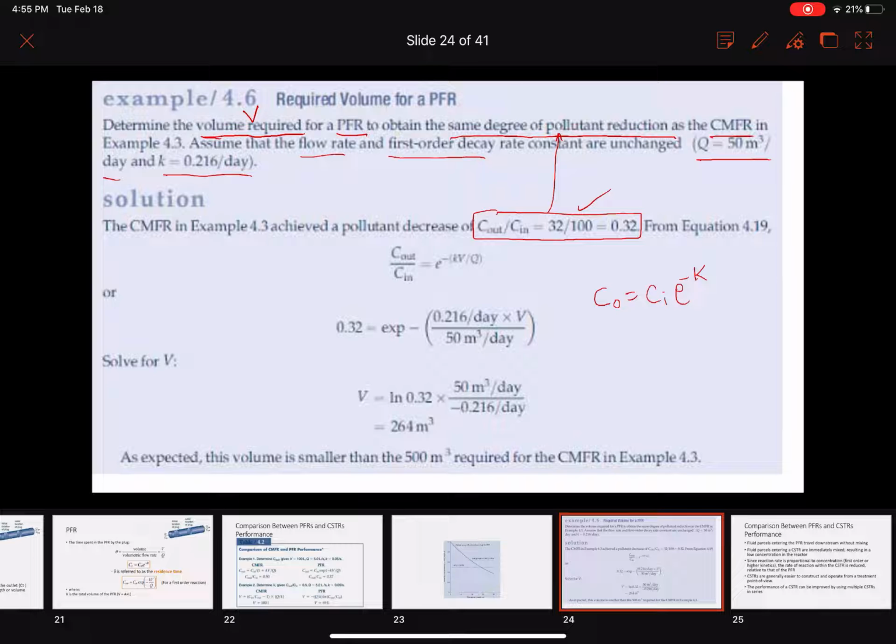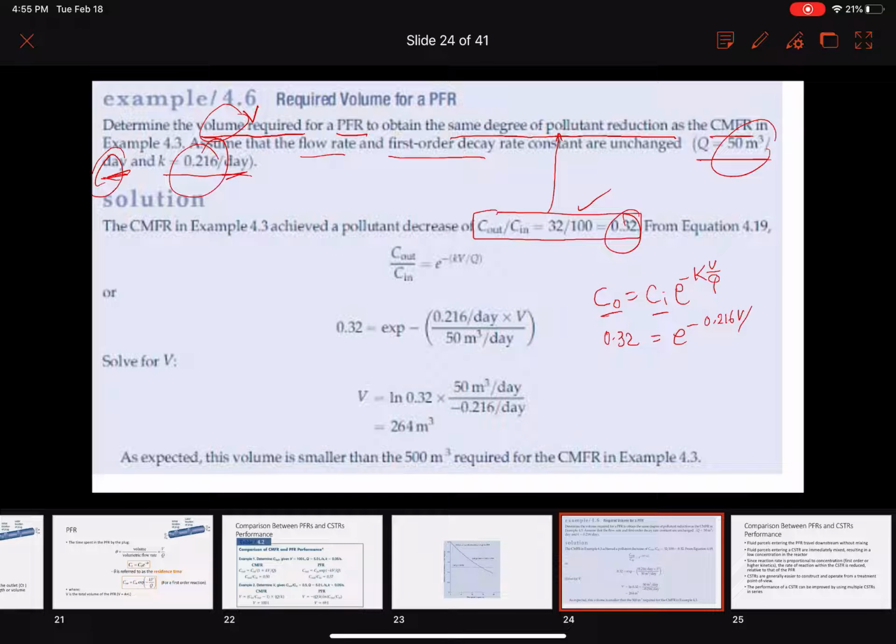Since he asks us to find the volume, we put t as volume over Q. Now, what is C out over C in? It is 0.32, so C out over C in equals e to the power minus K. What's K? 0.216, times volume, which is unknown, over Q. Q is 50 meter cubed per day.